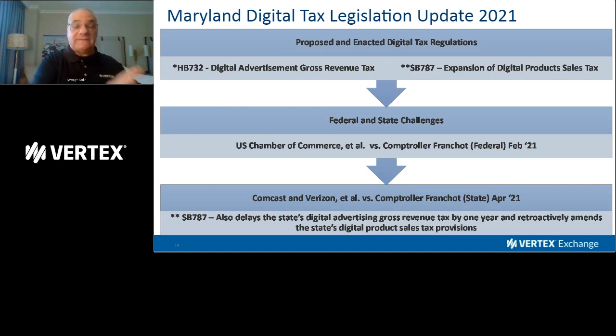Will it remain a sales and use tax type of economic threshold under a Wayfair prescription, or will it be more of a digital advertising tax like they have in France and other European countries? And I should add at this point that the Maryland digital tax is an import, almost alike to the French-style unilateral digital service tax.